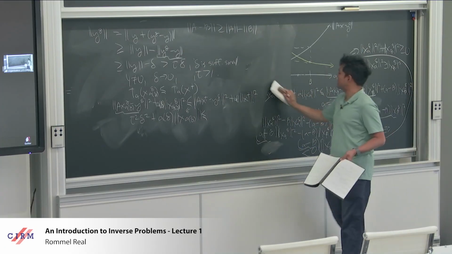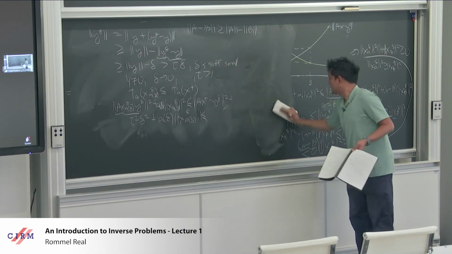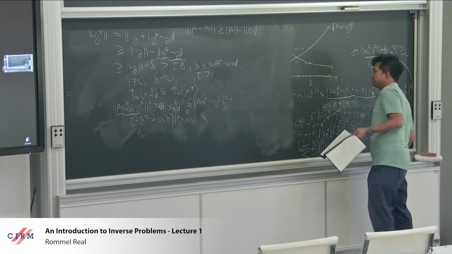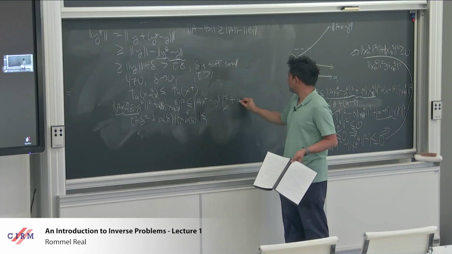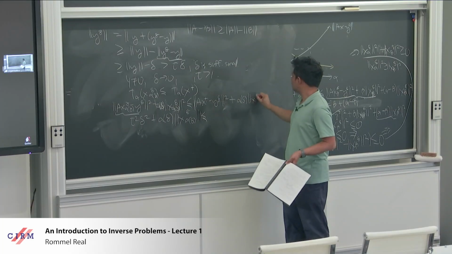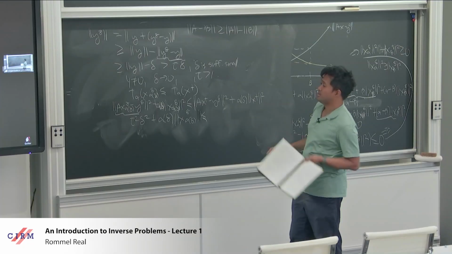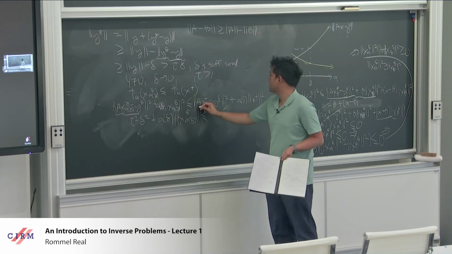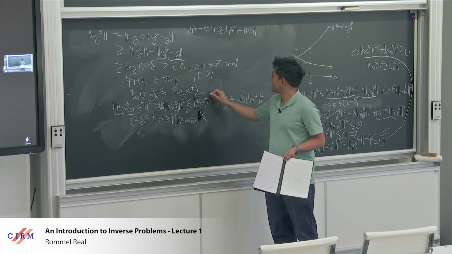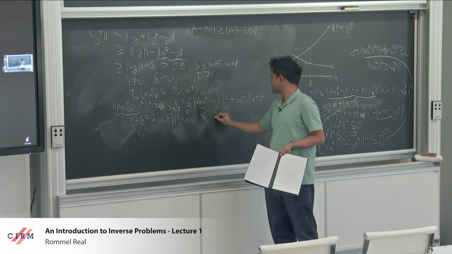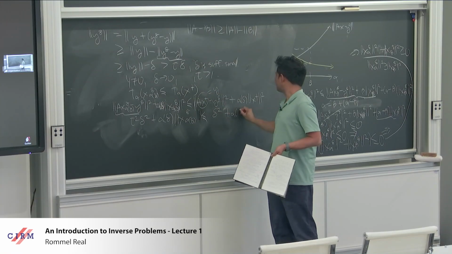Let me correct that one. And then that will be equal to this one over here. Note that Ax dagger is just y. So that's just delta squared plus.